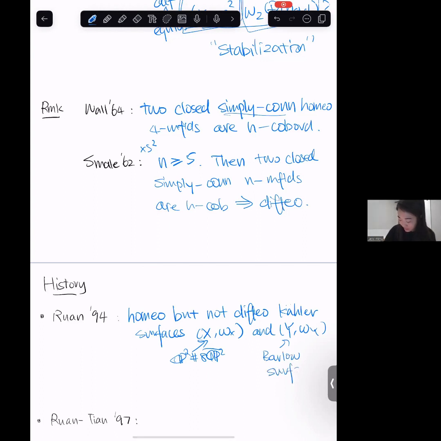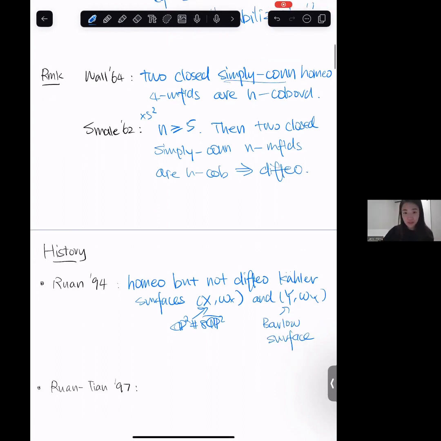So this is, I guess, the first example supporting the conjecture: these are non-diffeomorphic, and then when you cross them with S2, when you stabilize them, they remain non-deformation equivalent.